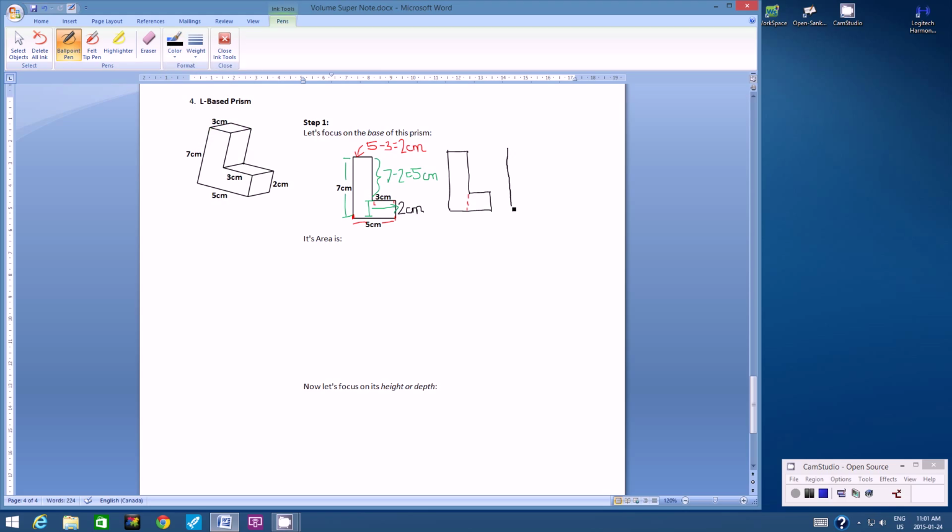We should end up with the same answer, but if I were to draw this L shape of the base, we could also divide it this way into two rectangles. How you proceed depends on how you split this up.